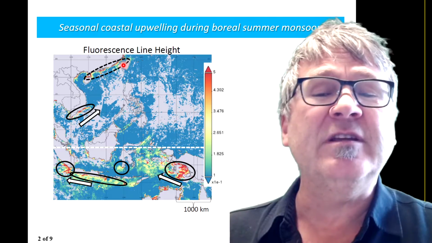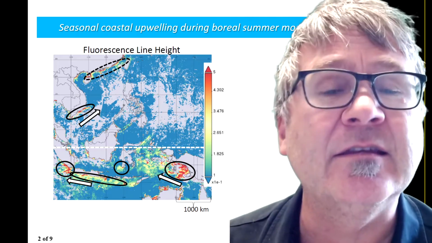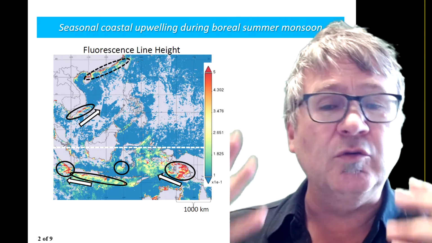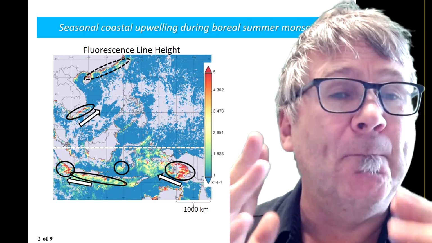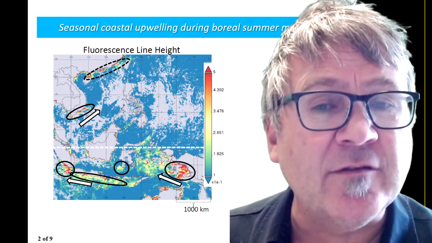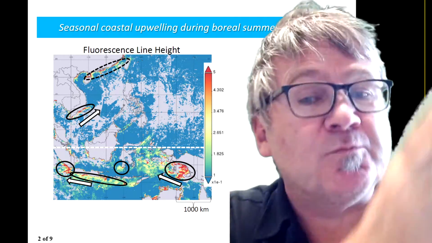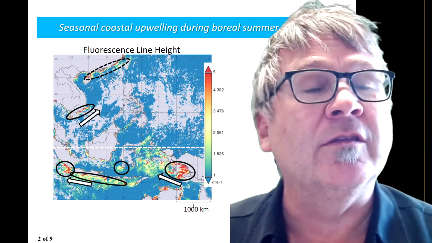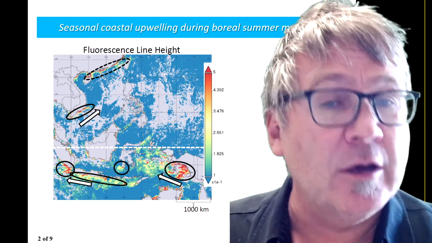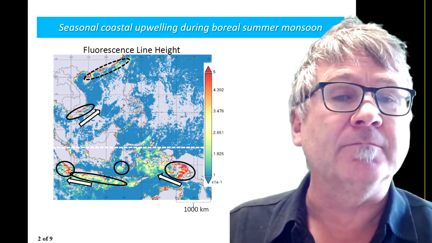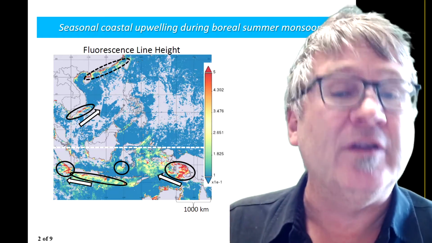In this region, it's a little bit more complicated than that. You don't necessarily have the winds, but you have currents that flow along the coast and produce a bottom Ekman layer that leads to upwelling. It's a so-called current-driven upwelling.